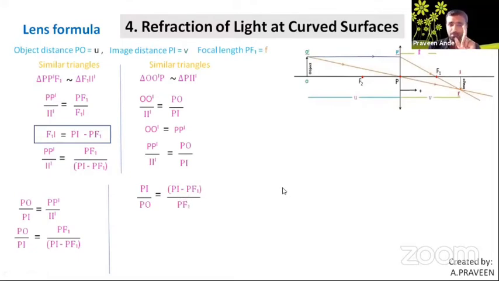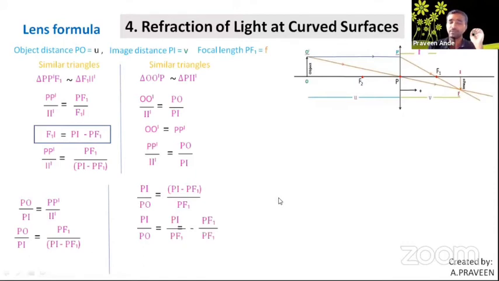So here Pf1 is a common denominator for the numerator terms, Pi minus Pf1. So I am going to separate that denominator for the two terms in the numerator. What will we write here? Pi by Po is equal to Pi by Pf1 minus Pf1 by Pf1.